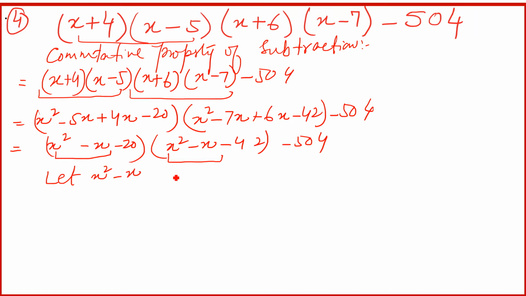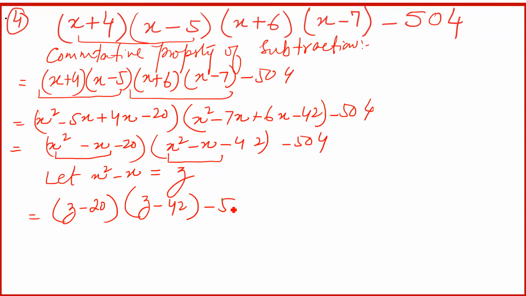So I will say x² − x is equal to z, because you should know we can use any letter, any variable. Wherever you see x² − x, you have to put z. So this one is z − 20, and for this one z − 42 − 504.